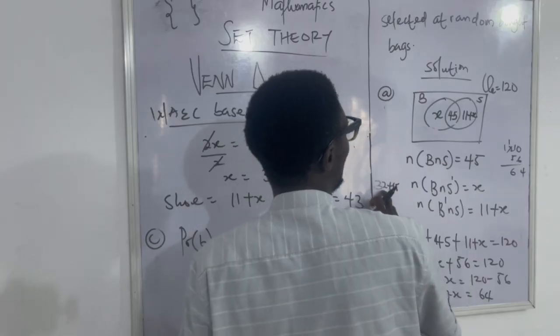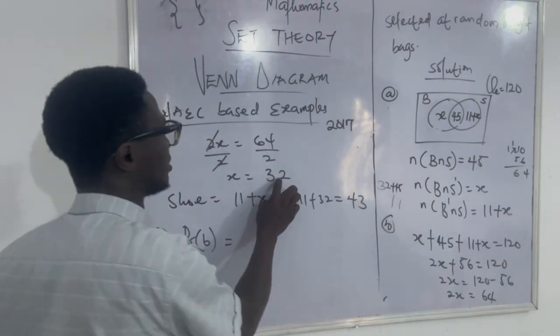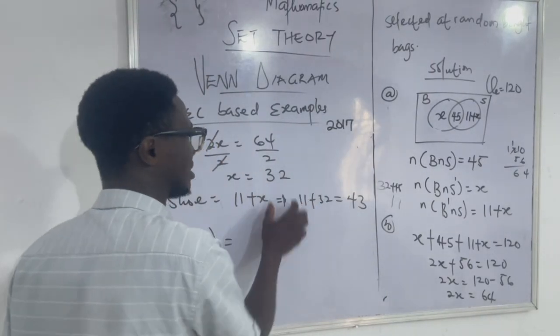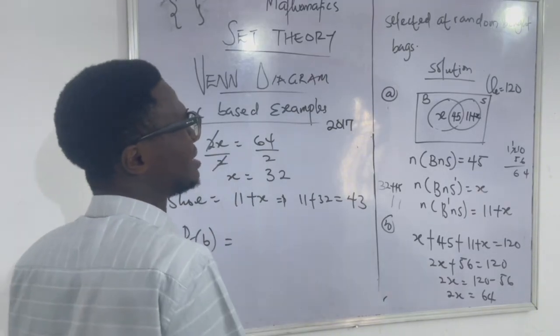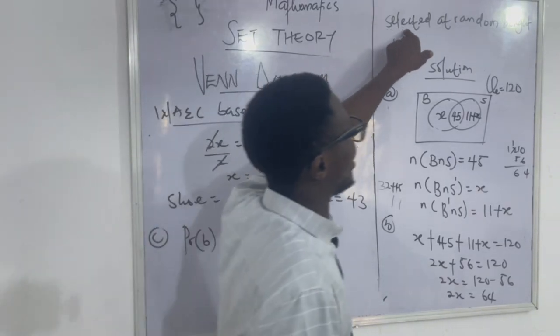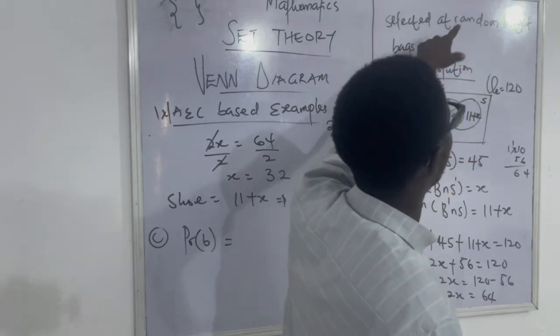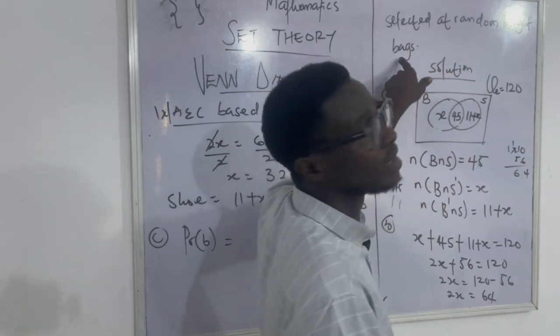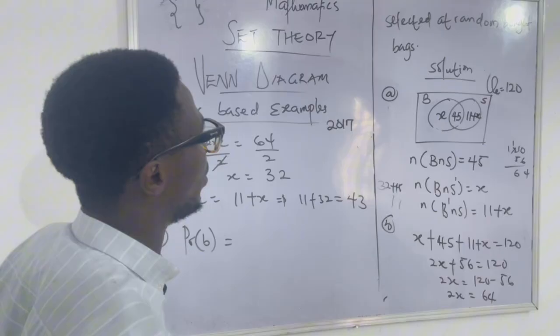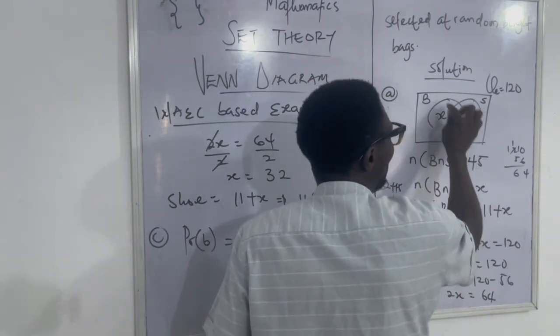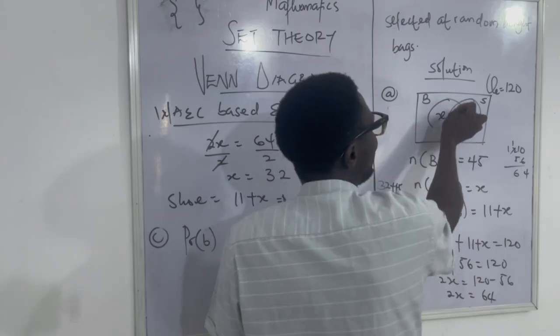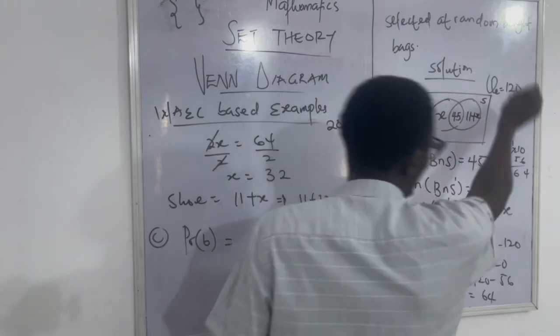If I use 32 because x gave me 32, I'm wrong, because he said find the probability that a customer selected at random bought bags. 45 is bags and shoes, meaning 45 bought bags, 45 bought shoes.